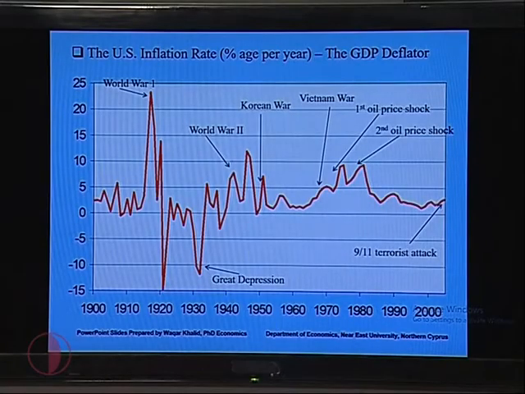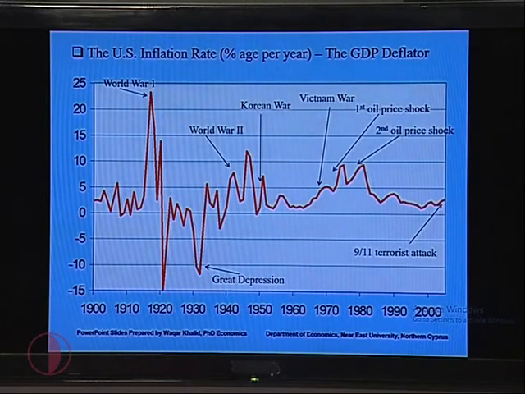So, look at this example. We have the United States inflation rate, which is in percentage per year. There are different indicators to measure the inflation rate of any economy. For example, consumer price index, we are using CPI, the consumer price index, wholesale price index, sensitive price index, the GDP deflator.